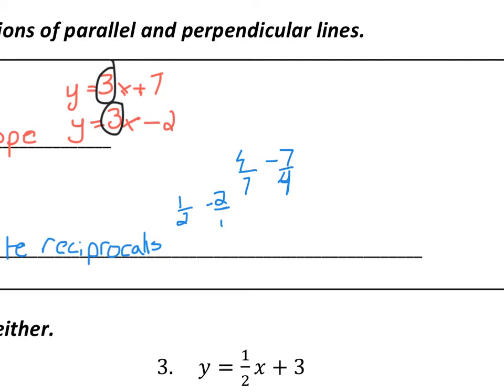So for two perpendicular lines, what those might look like in equations might be something like y is equal to 3 over 5.